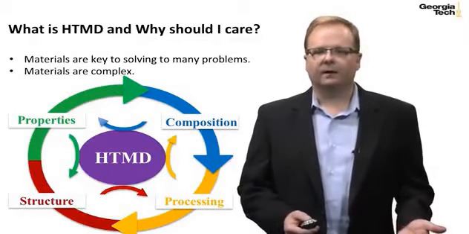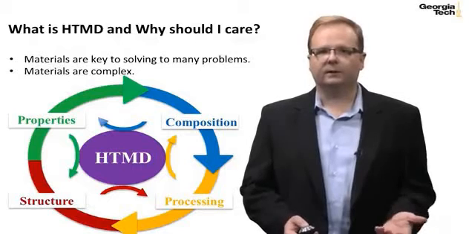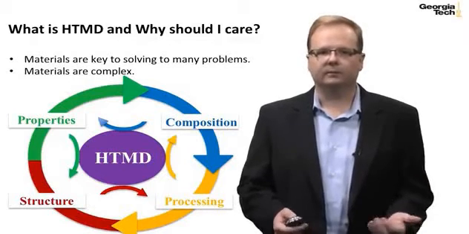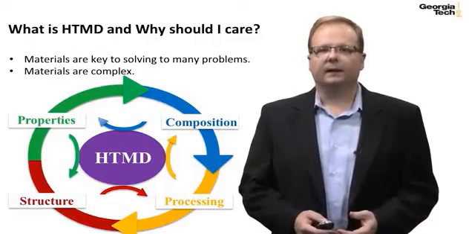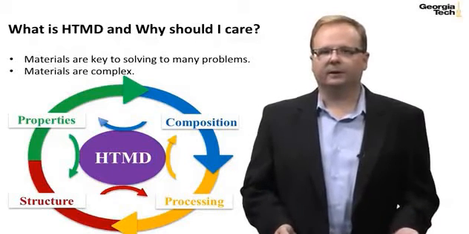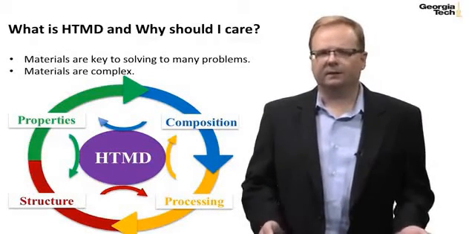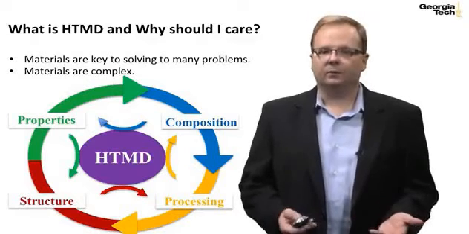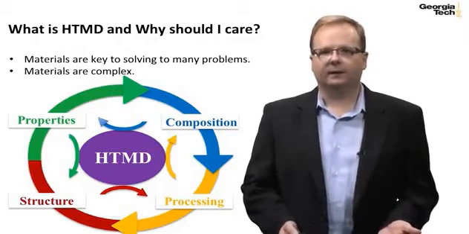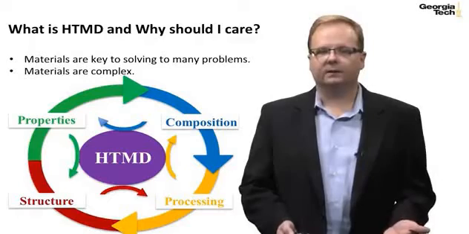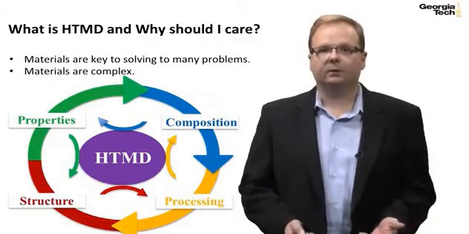And in combination with this, you also have material structure, the nanostructure, the microstructure, and the properties of the material that you're interested in. All of these are essentially interrelated in a very complex way that makes the materials design challenge difficult to approach.